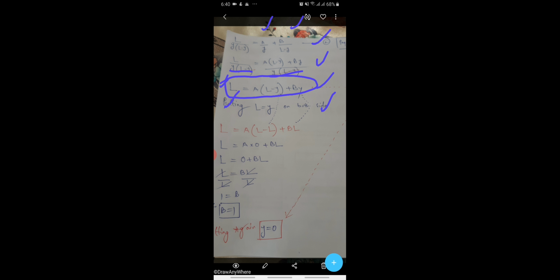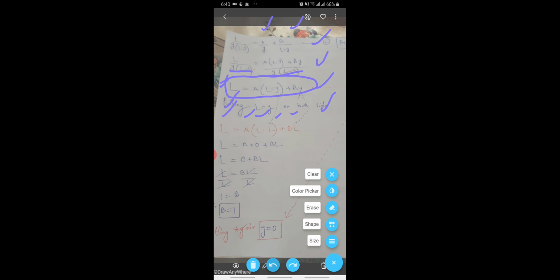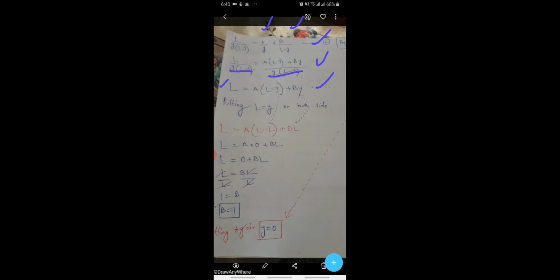In the place of y just write L: A(L - L) + B L. Now as you see, L - L equal to 0, so the whole term becomes 0. So we have L and here is BL. We divide this equation by L and the value of B is 1. So we found the value of B.